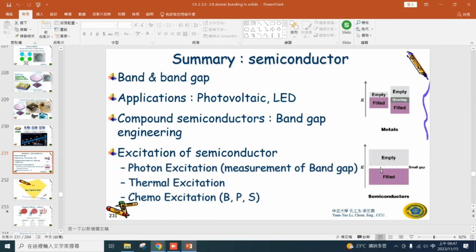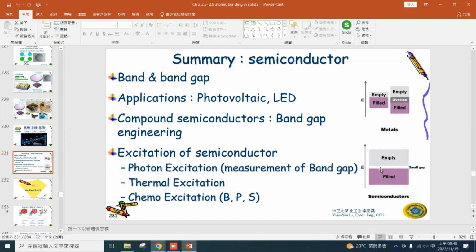On the other hand, if we use electrical power to give energy to this semiconductor, an electron will jump from the valence band to the conduction band. And then when it cascades from the conduction band to the valence band, energy will come out in the form of a photon. So that's why we call it LED, light emitting diode. So these are the applications for the semiconductor.